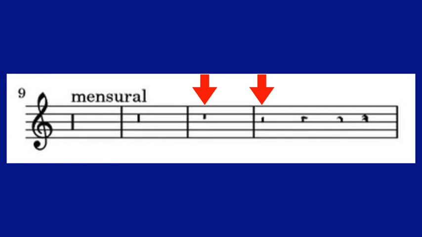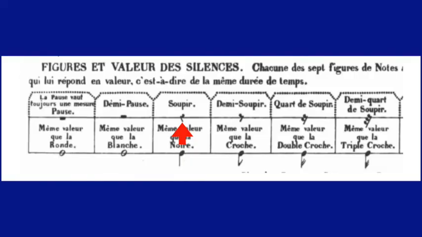When quarter notes came into use, a little backward 7 that's probably based on a shepherd's crook was adopted to be its equivalent rest. This was used for a very long time. You can even see examples from the 19th century. But because it was the exact reversal of an 8th rest, it could be confusing to look at.